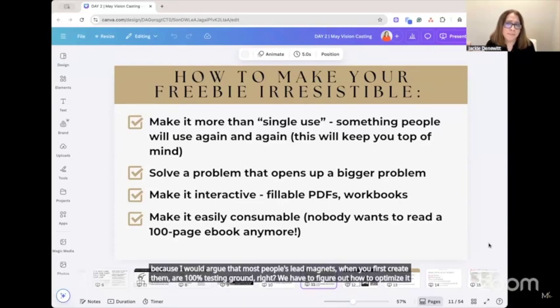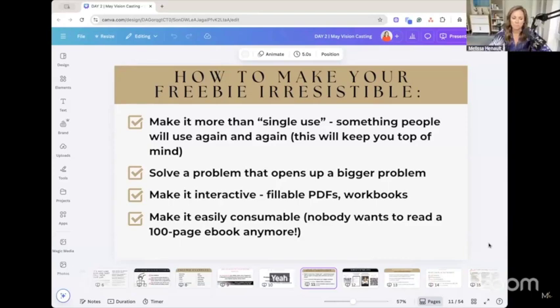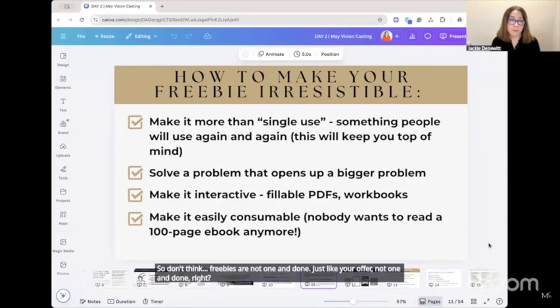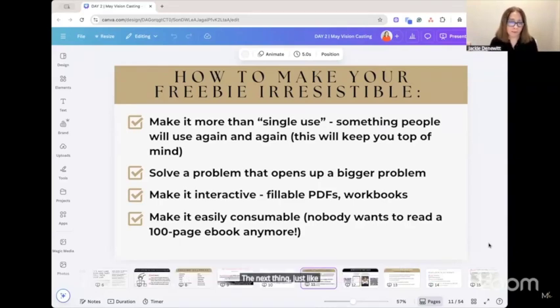How many iterations have we had of the checklist now, Melissa? Probably like 5, 6. Yeah. We just continually make it better and better and better. So freebies are not one and done, just like your offer, not one and done, right? We have to continually optimize it. The next thing, just like we said, is solve a problem that opens up a bigger problem.